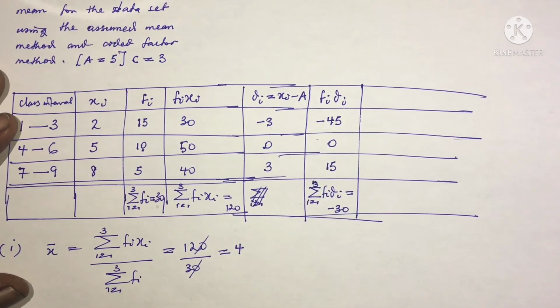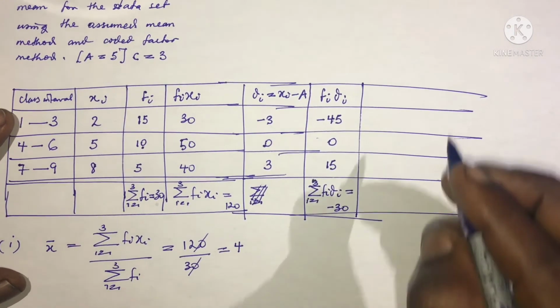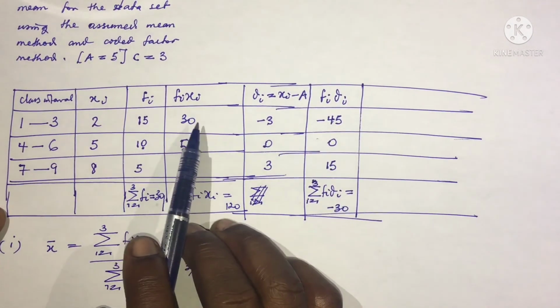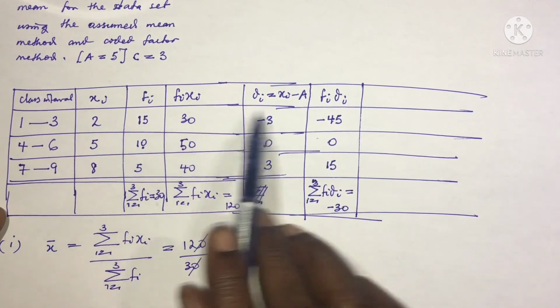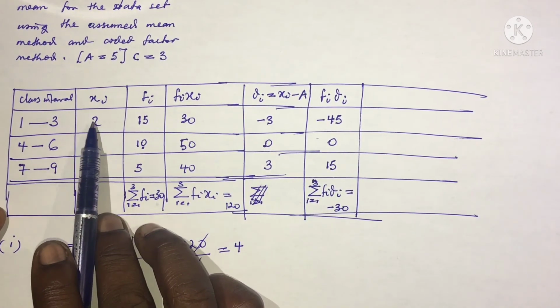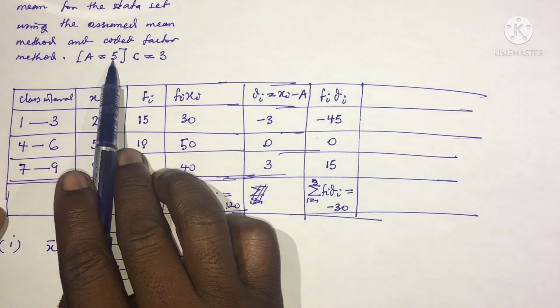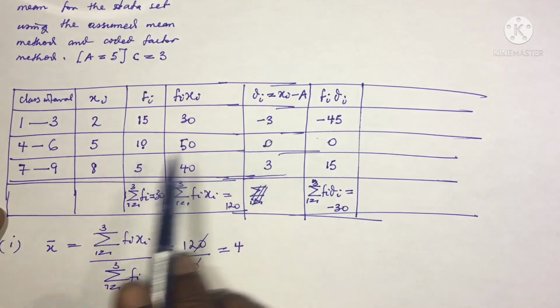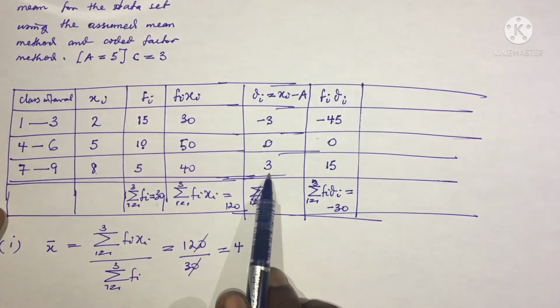Okay, so now when we do that, we are going to come over here to compute. So let's check again. Our di's were xi's minus a, just to confirm. 2 minus 5, the a, gave us minus 3. 5 minus 5 gave us 0. 8 minus 5 gave us 3.